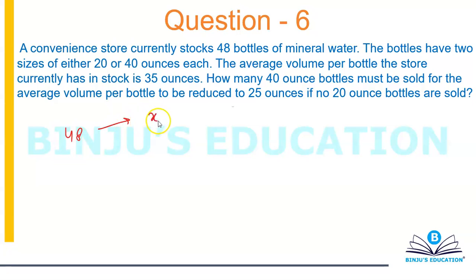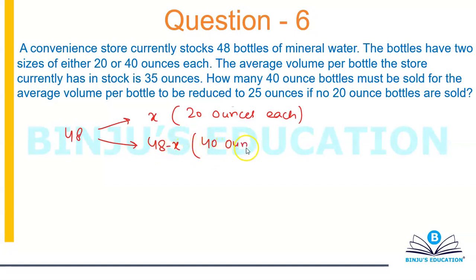So let's consider x number of bottles are of 20 ounces each. So 48 minus x will be of 40 ounces each. The average volume per bottle the store currently has in stock is 35 ounces.